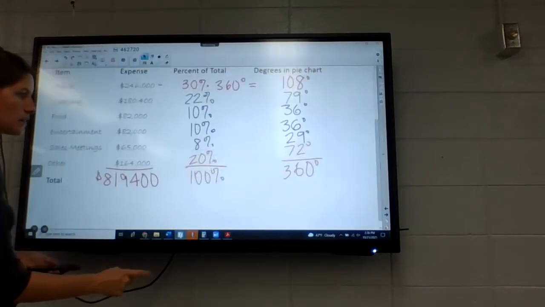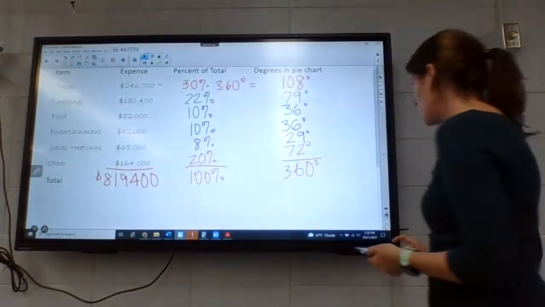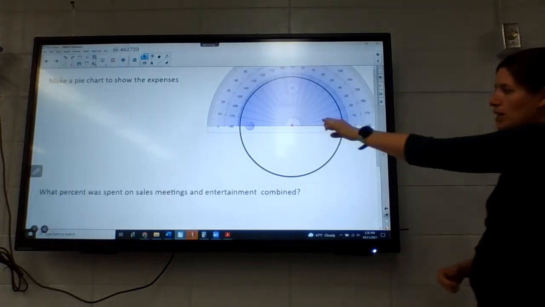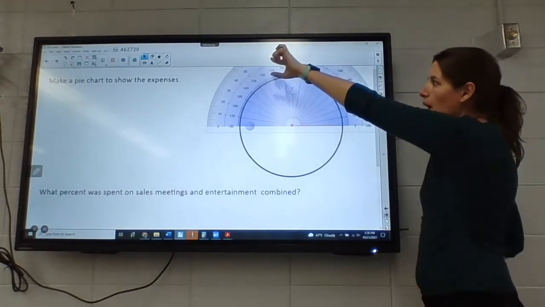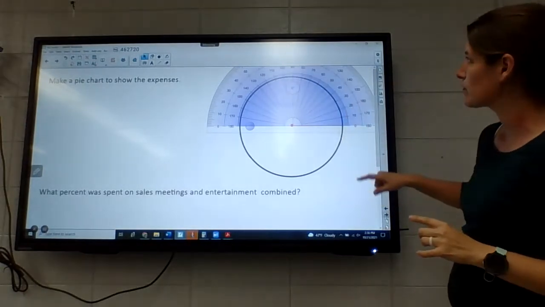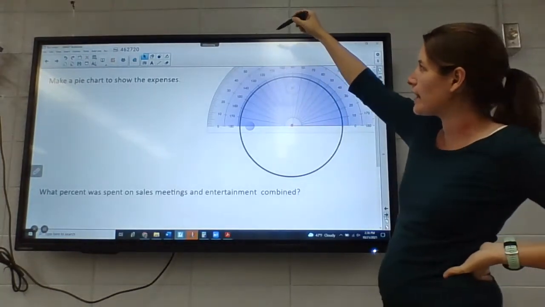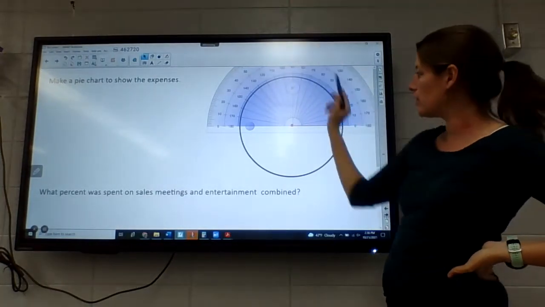The first one that I need to do is 108 degrees. Now, if I'm starting at 0 over here, I go around to 108. You can draw a dot way off your circle to 108.